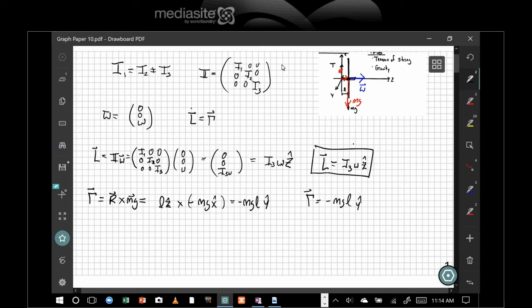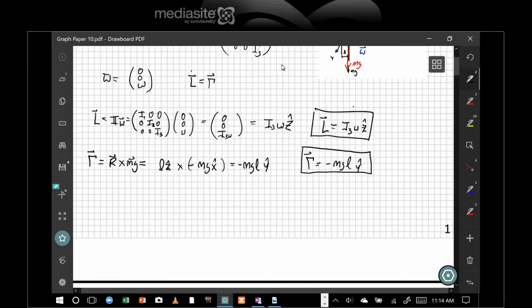So now let's stick that into the rate of change of L is equal to the net torque acting on the system. So I'm going to say d/dt of L, and let's put in L, I3 omega z hat, and that's going to equal minus MgL y hat.